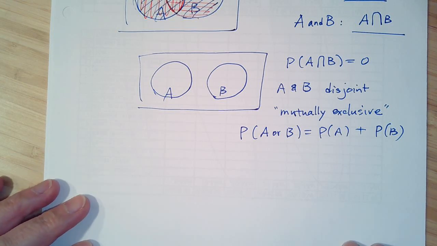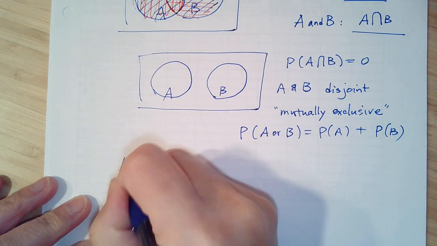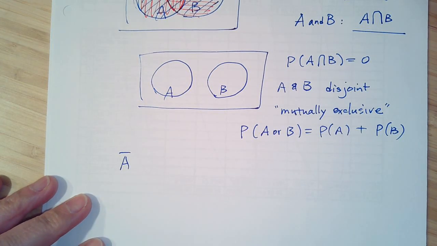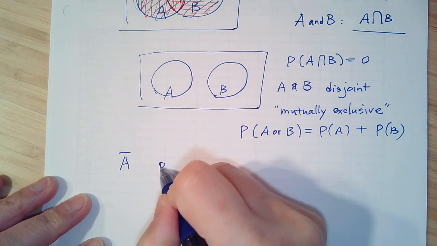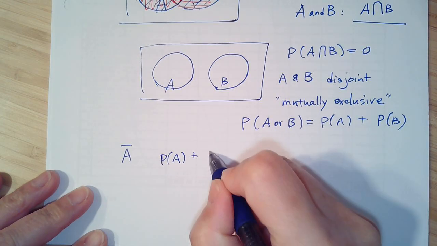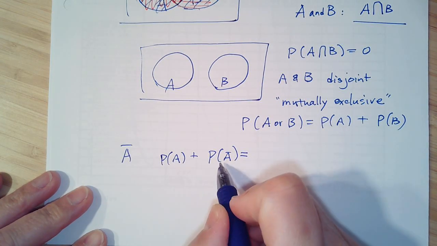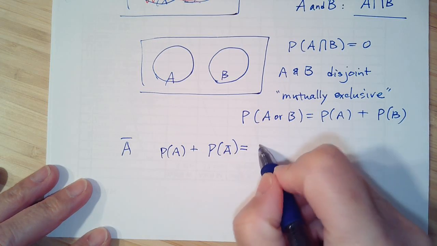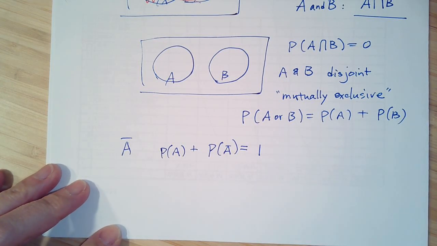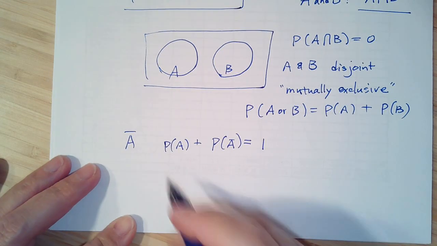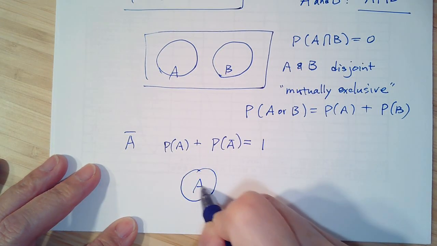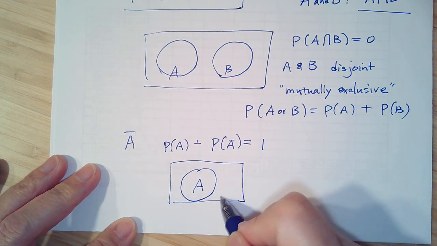There is another thing. If you remember, A bar means not A. We know P(A) plus P(A bar), the probability of A and the probability of not A, is 1. And A and A bar are mutually exclusive. If you draw the picture, that's A, and outside is A bar.